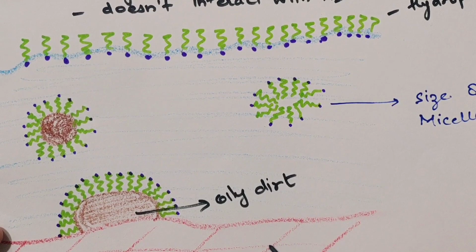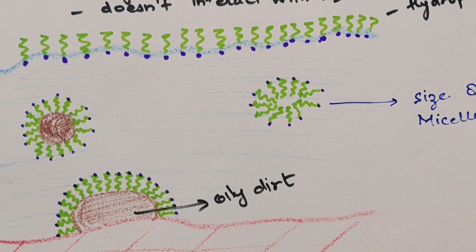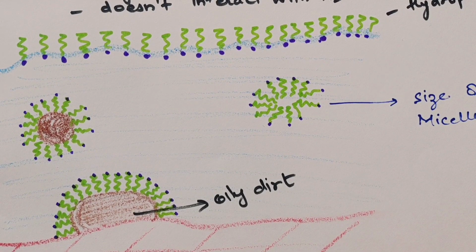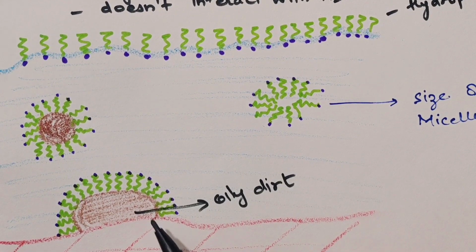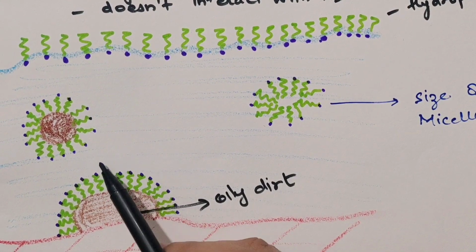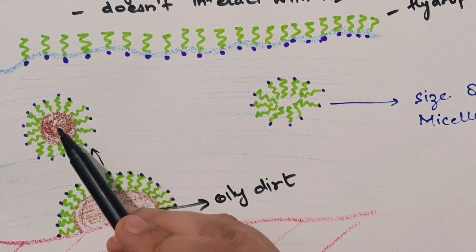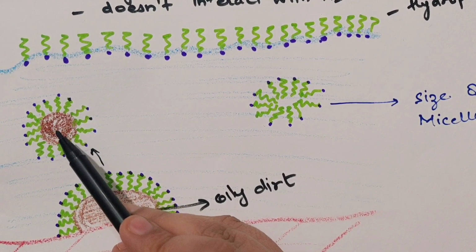Now, when you are washing clothes, you have to agitate the mixture, either in the washing machine or by hand or sometimes by brushing. This agitation is necessary because it would pull this thing off of the fabric, and it would make a structure like this. It's also a micelle, but with the oily dirt inside, in the center.